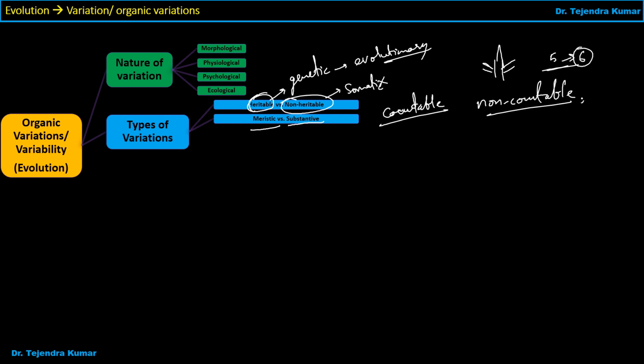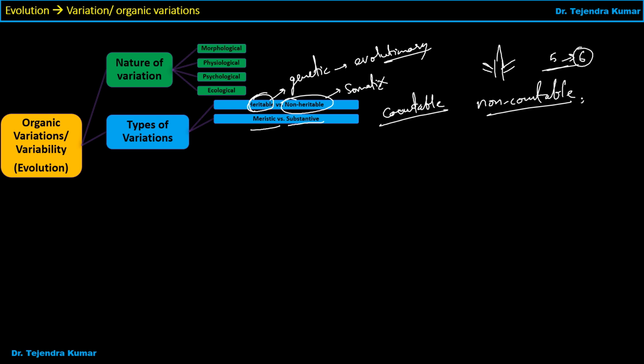Likewise, there are three persons. One has black eyes, the second has blue eyes, the third has brown eyes. All three originated from the same ancestors. These types of variations can be seen.